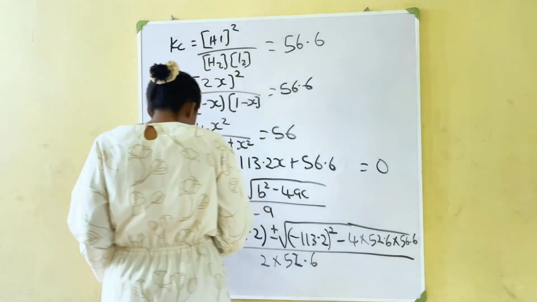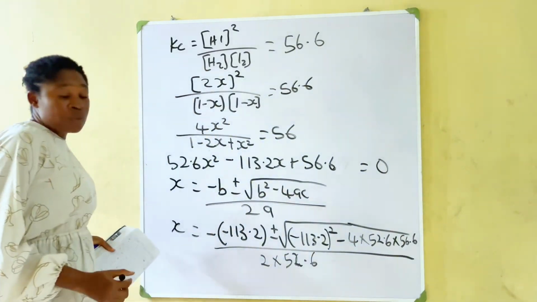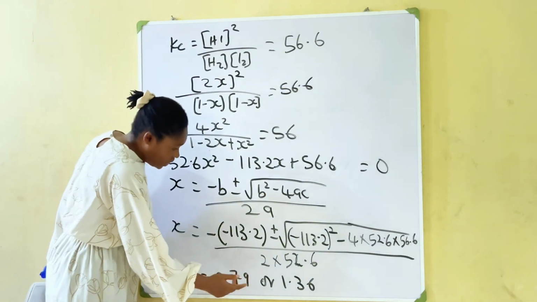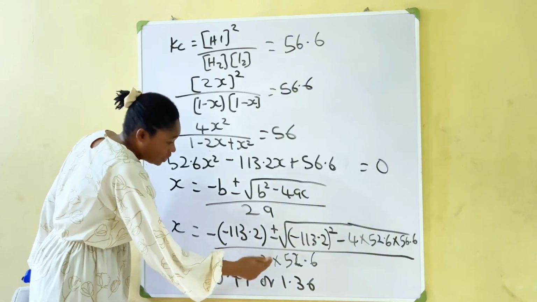By the time you solve this, you have two values: x equals 0.79 and x equals 1.36.